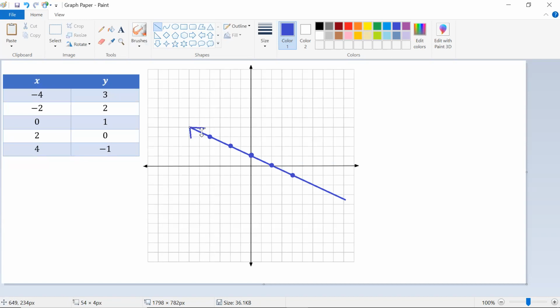Again, I like to draw arrows at the tips of those lines to indicate that the pattern goes on forever to the right and forever to the left. So that line represents all of the solutions to the linear equation that we started with.